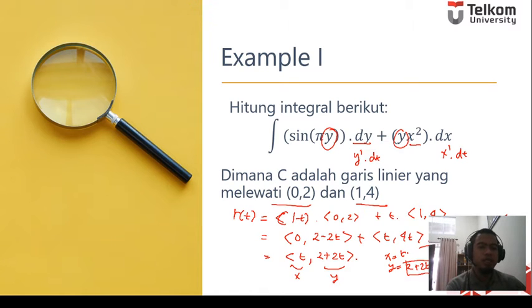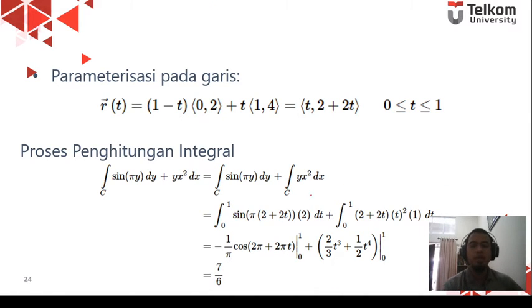Here dx over dt equals 1, and dy over dt equals 2. So sin(πy) becomes sin(π(2 plus 2t)), and dy equals y' dt, which is 2 dt.